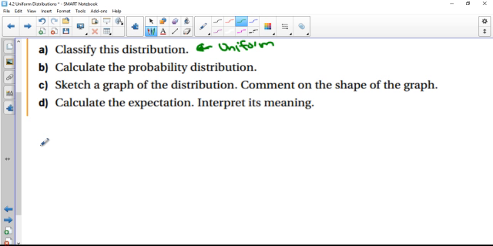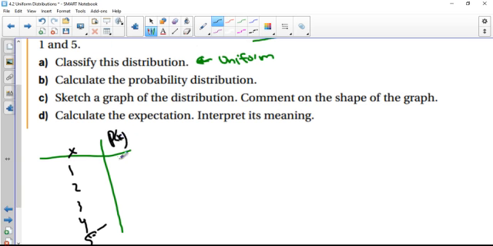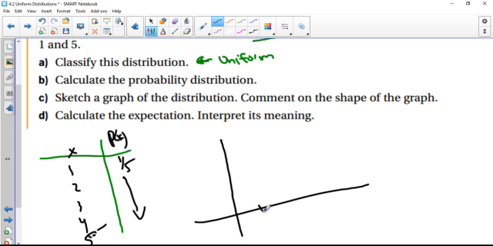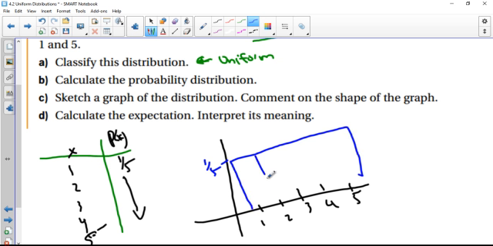Well, if we have the values 1 through 5, and our probabilities will just be 1/5 for all of them. So what will our sketch of our probability distribution be? Well, we're going to have 1, 2, 3, 4, and 5, and it's uniform at 1/5. So that means just have a big old brick at 1/5.